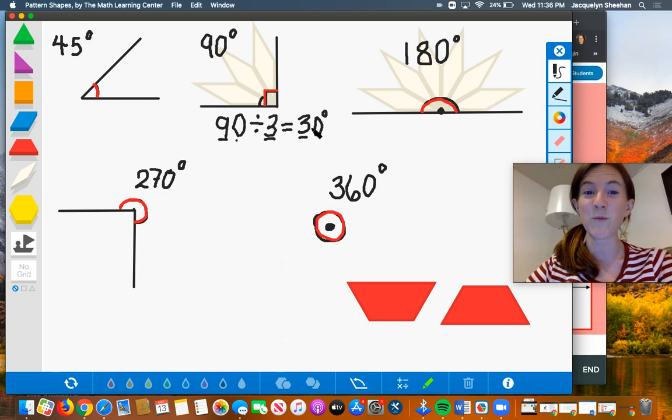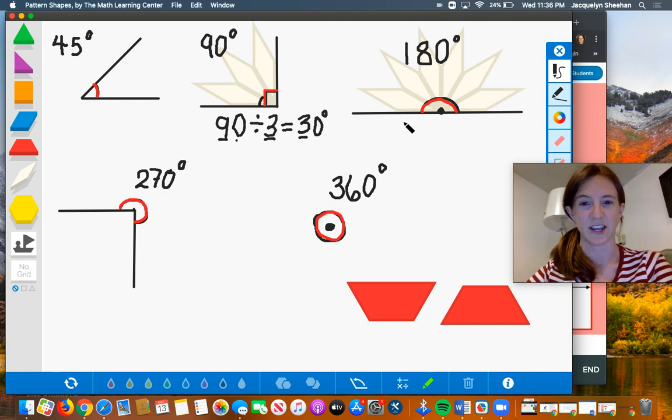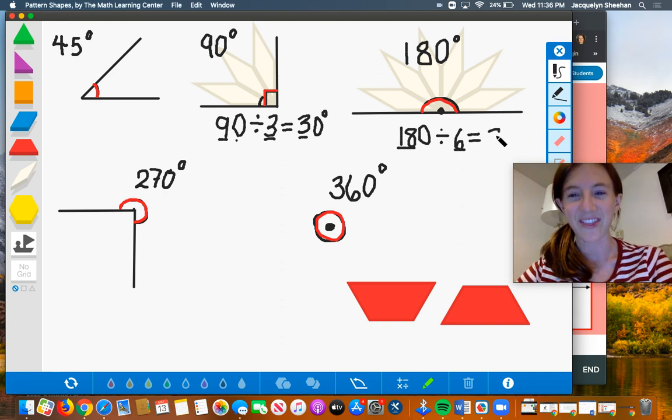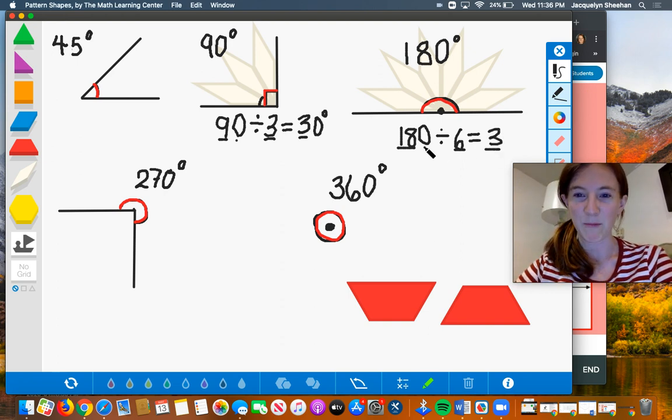So the same way I solved it over here, I could have also used 180 degrees. So my equation would be 180 degrees divided this time among 1, 2, 3, 4, 5, 6 pieces. So I would take 180 divided among the 6 pieces, use my shortcut for dividing with zeros. 18 divided by 6 is 3, and put the 0.